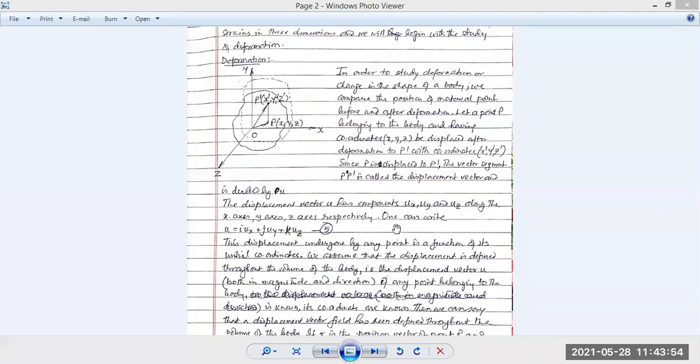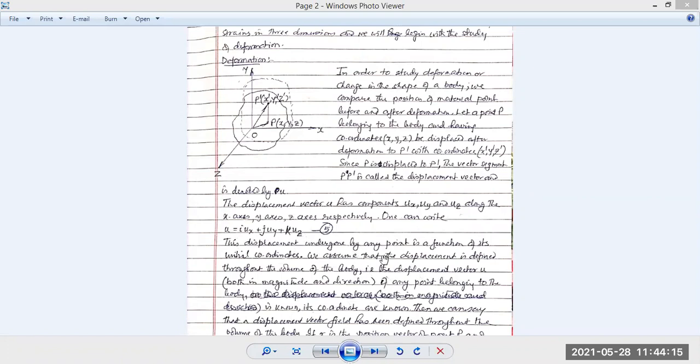Now, as per our theory of vector analysis, U is equal to i Ux plus j Uy plus k Uz.